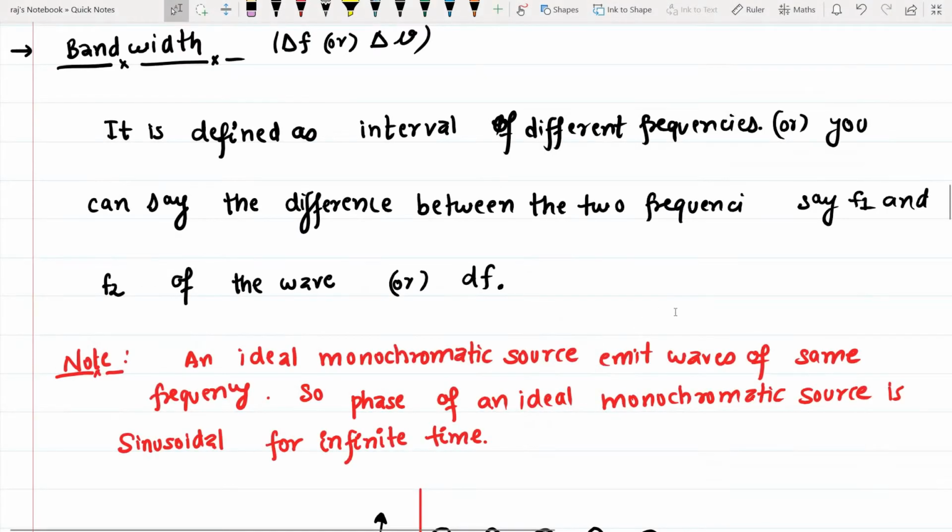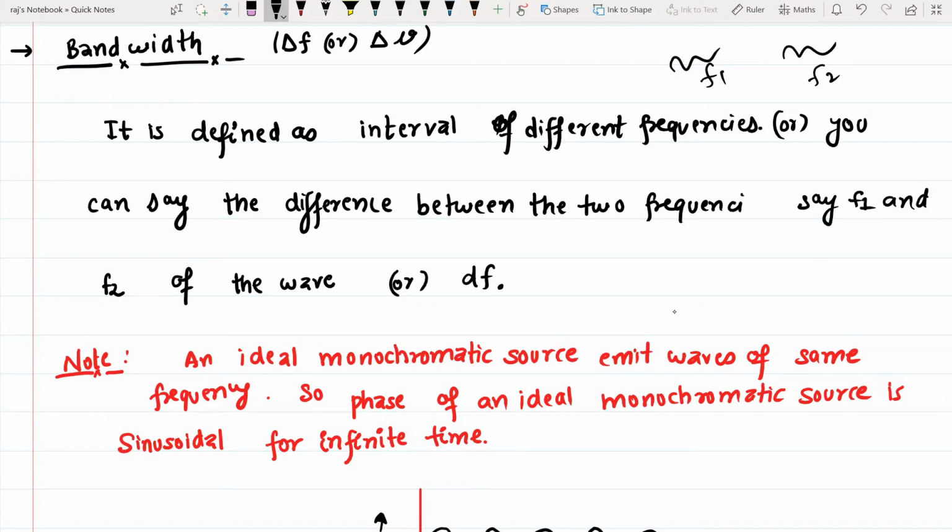So what is bandwidth? Bandwidth is defined as the interval of different frequencies, or the difference between two frequencies, say f1 and f2. Suppose you have any two waves, wave 1 and wave 2. Wave 1 has frequency f1 and wave 2 has frequency f2.